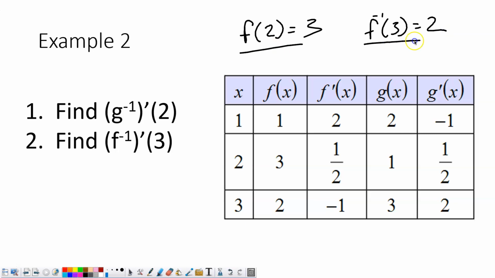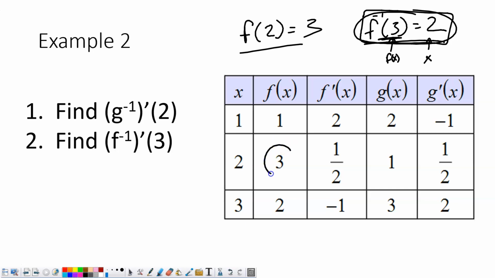Because these are switched. But how can we do it from here? Well, what you have to remember is that this number here is going to be in the f of x column, and this answer that you get is going to be in the x column. So if I give you an inverse expression on a table like this, the number in the parentheses is going to be in the f column.